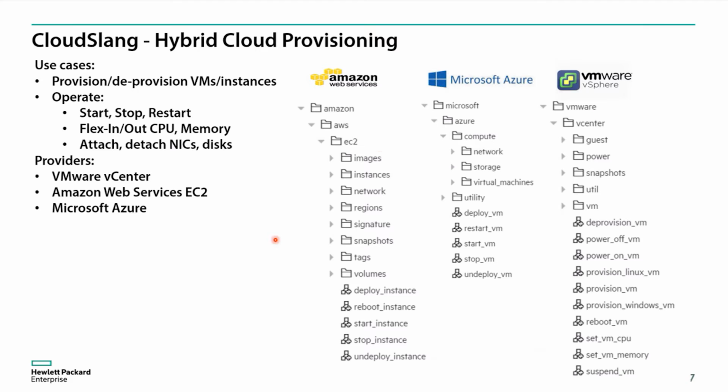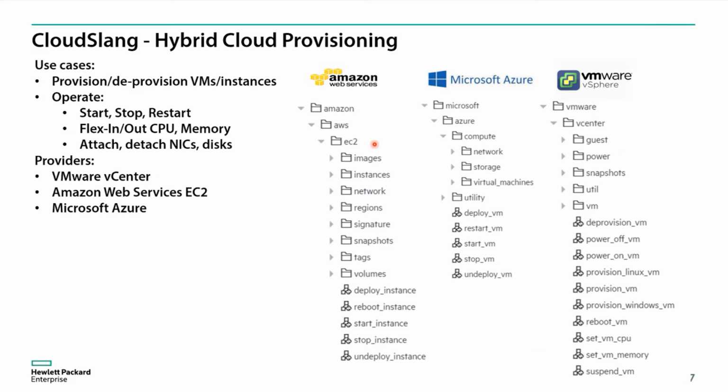Their structure is as you see it, and you'll see at least Amazon Web Services today in the demo. So we are handling images, instances, network-related stuff, regions, signatures, snapshots, tags, and volumes, all kinds of things that you can do from EC2 itself.